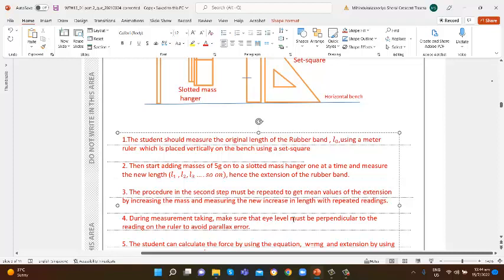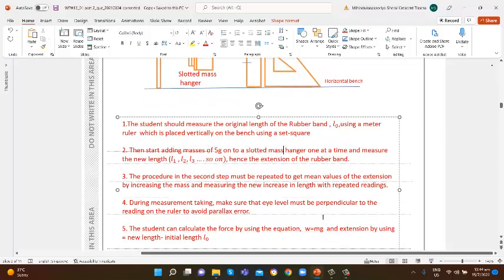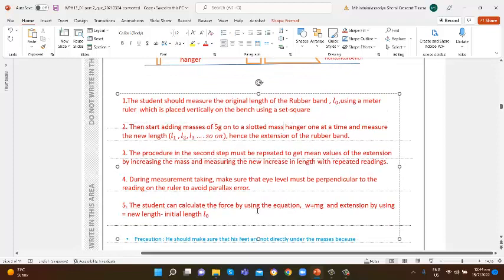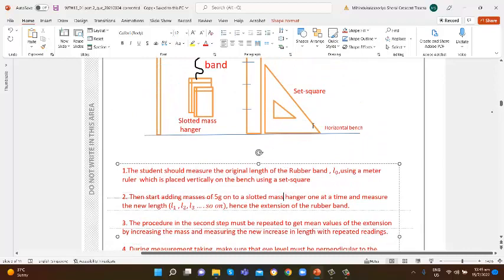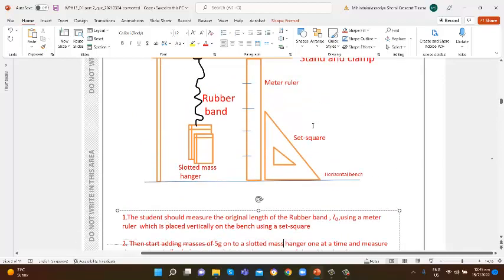So to avoid parallax error, you have to keep your eye level perpendicular to the reading. And finally, the student can calculate the force by using the equation W equals mg, and the extension by using new length minus initial length. So you have a minimum of 5 readings that you are going to repeat for this experiment.